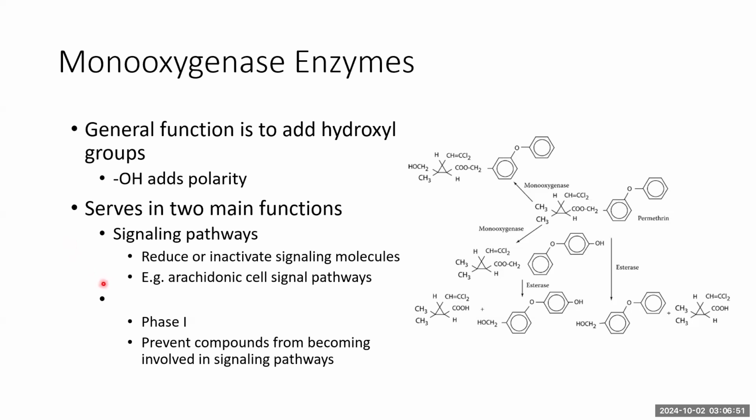One place that we see this is in the arachidonic cell signaling pathways. So the arachidonic cell signaling pathways are an inflammatory stress response pathway. They're called arachidonic because the base signaling molecule that turns these pathways on comes from arachidonic acid, which we just sort of abbreviate as ARA.